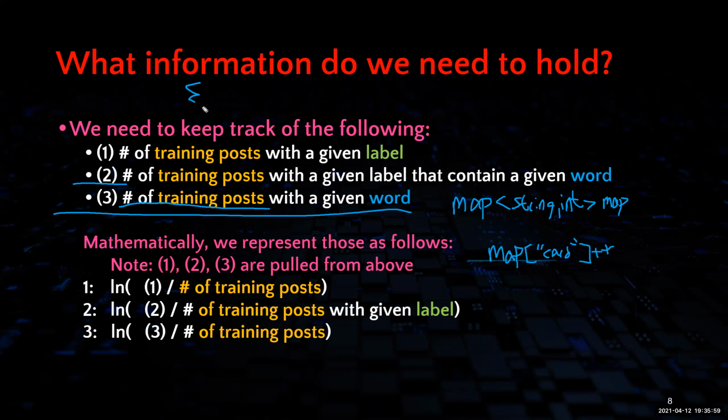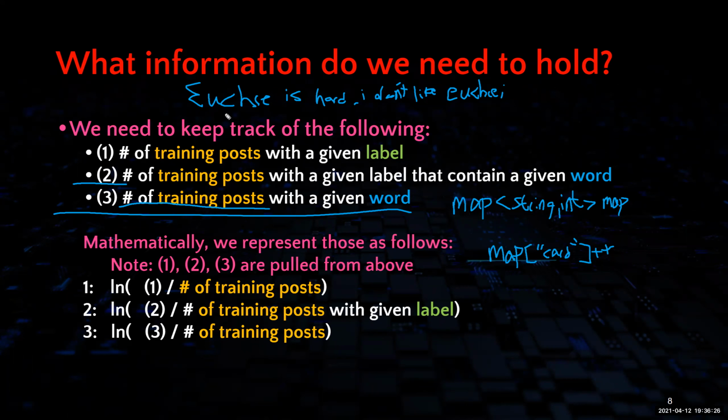Let's say I have the post, Euchre is hard. I don't like Euchre. Whenever we get this post, there are multiple approaches to this. What I did, and I think a lot of people do this as well, is add every word to a set.